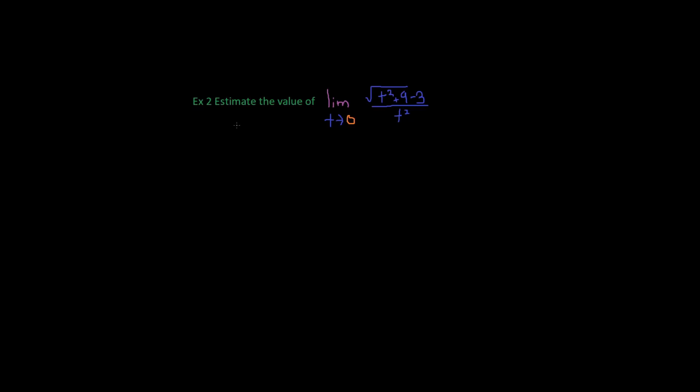So example 2, estimate the value of the limit of the function f of t equals the square root of t squared plus 9 minus 3 divided by t squared as t approaches 0. Alright, so the first thing we need to do is plug in numbers for our given limit right here.